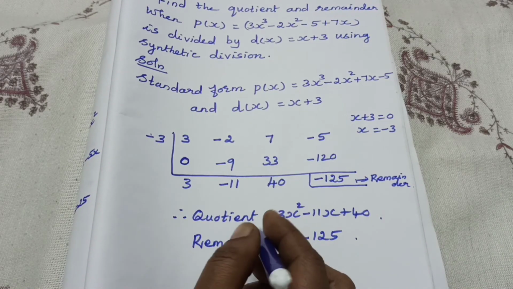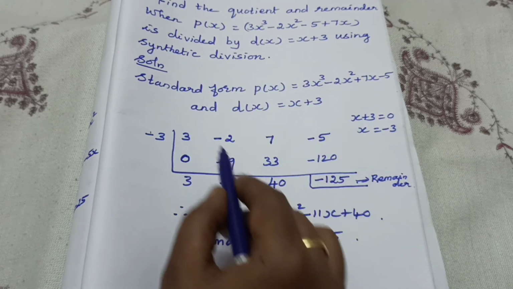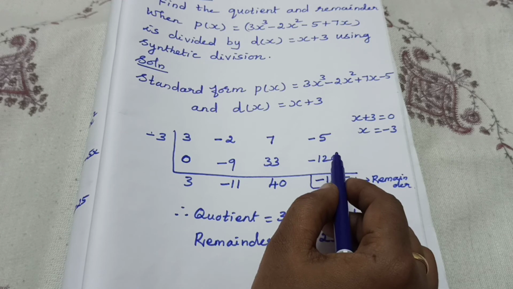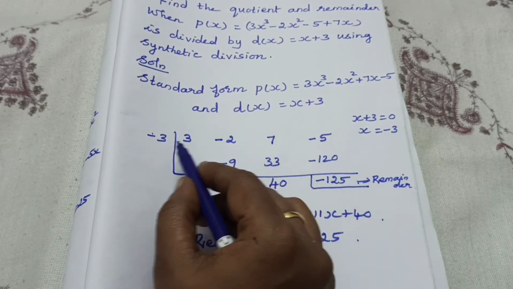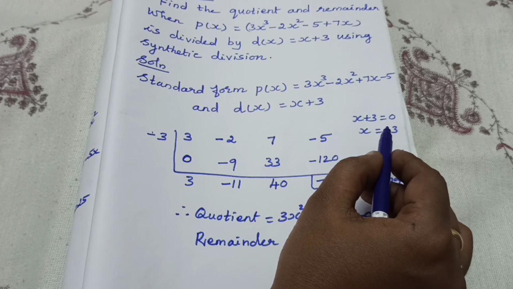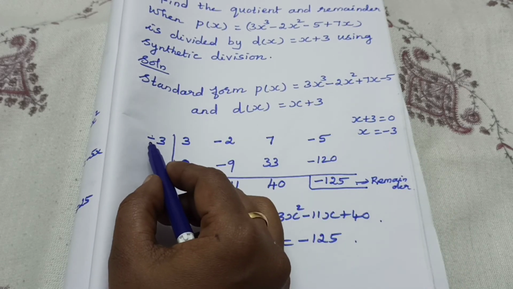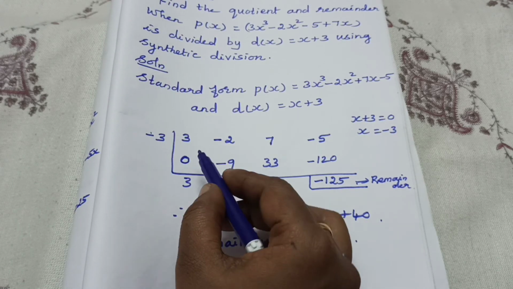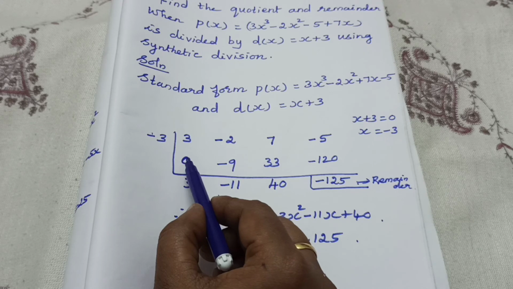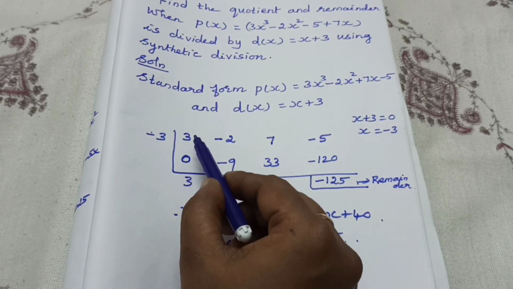This is a shortcut method. First, you must write all the coefficients of the dividend. And then find the zero of the divisor, write it here, and divide. Then in the second row, first place, you must write 0. Afterwards add these two.